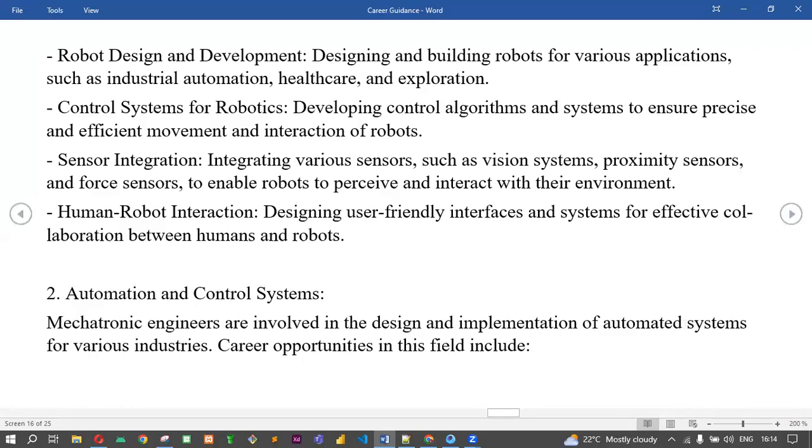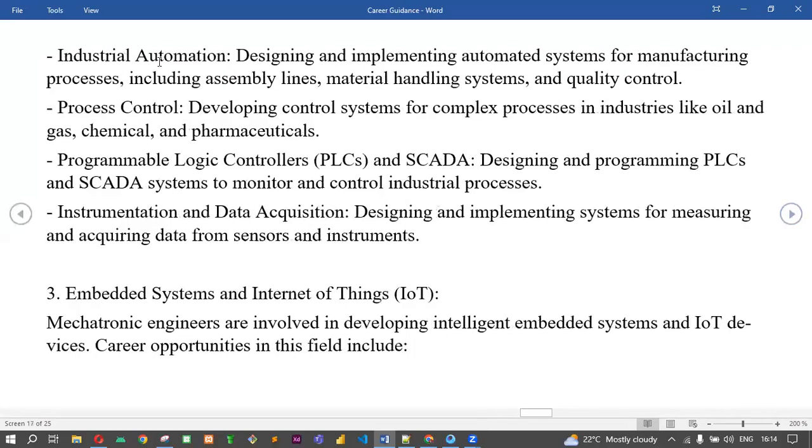Now, when talking about this one, you talk about industrial automation, process controls, programmable logic controllers like PLCs. When you go to areas like TVET institutions, they have some machines that they use to control. Like when you go to EABL, we have those machines that move the alcohol bottles from one end to another, because everything is controlled.